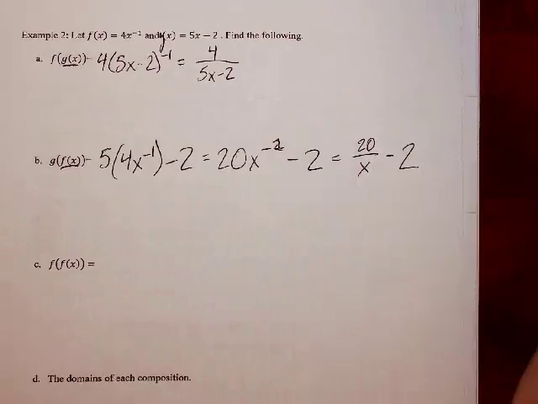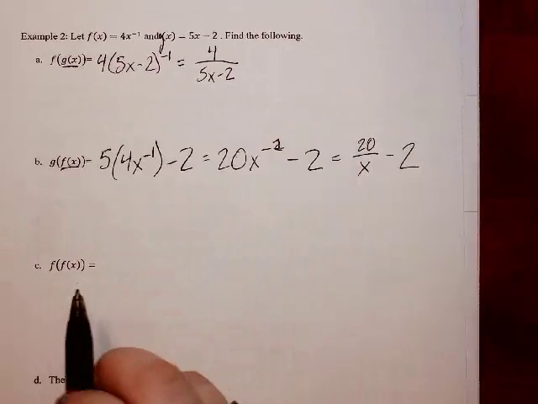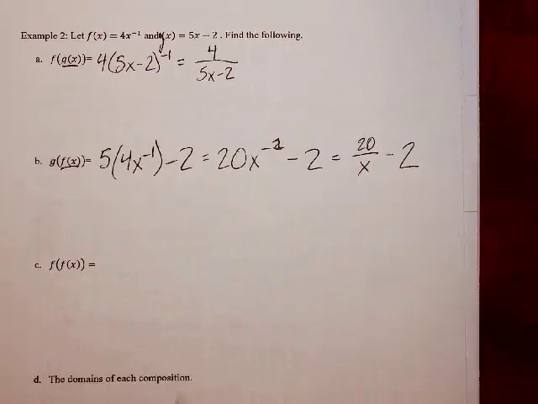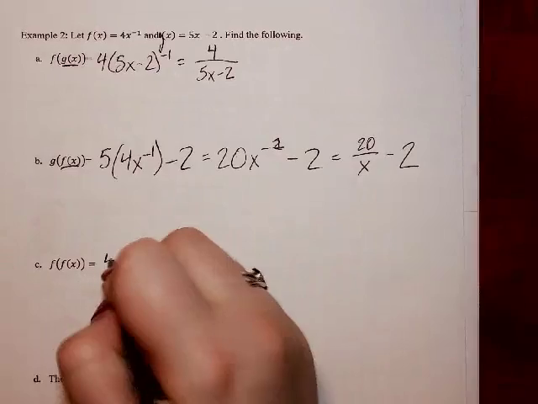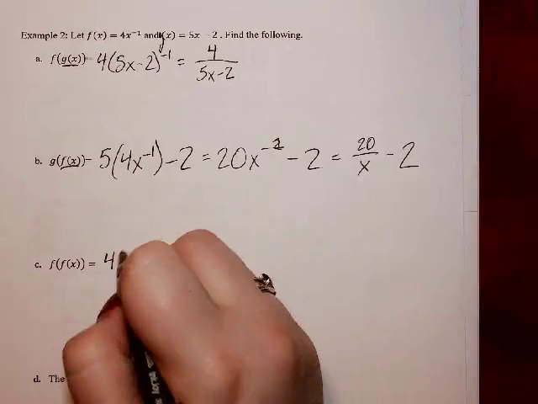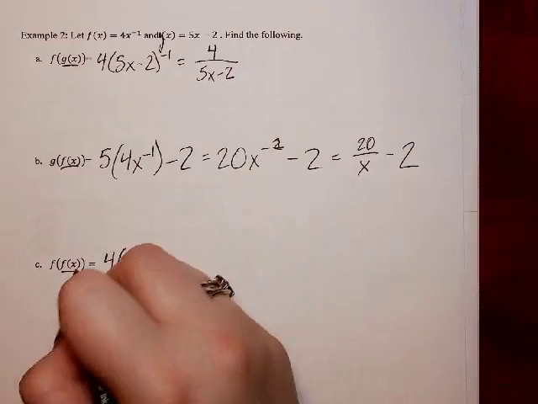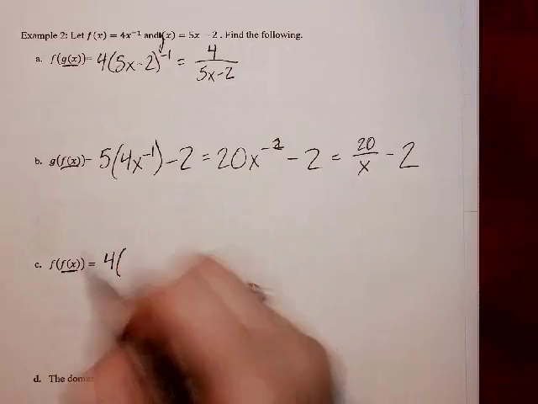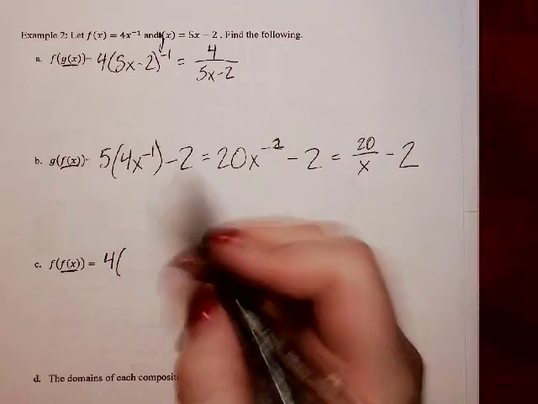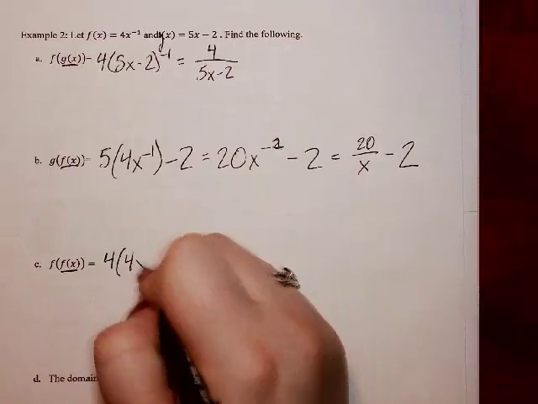And now f of f of x. So 4 times, we're plugging all of f in where the x is in f. So 4x to the negative 1 to the negative 1.